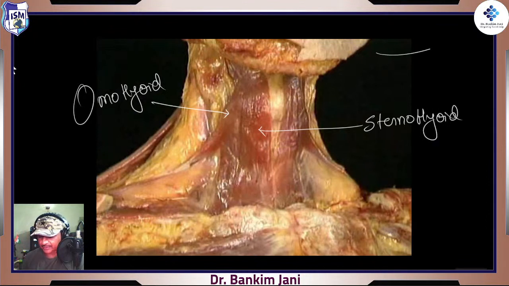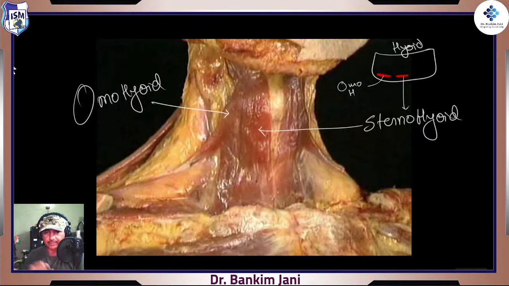And if this is the body, then how are they? Over here and over here. Medially it is the sternohyoid, and this one would be the omohyoid. So that's the body of the hyoid. Inferiorly, that's how they are connected.